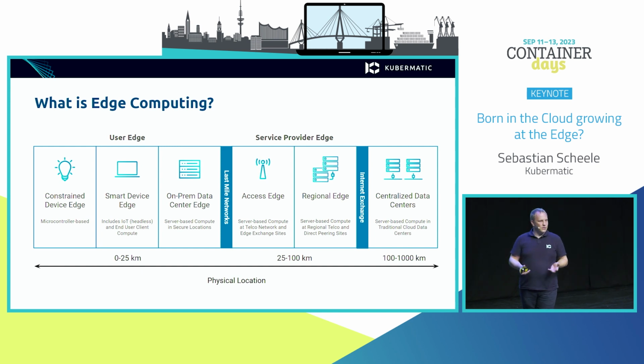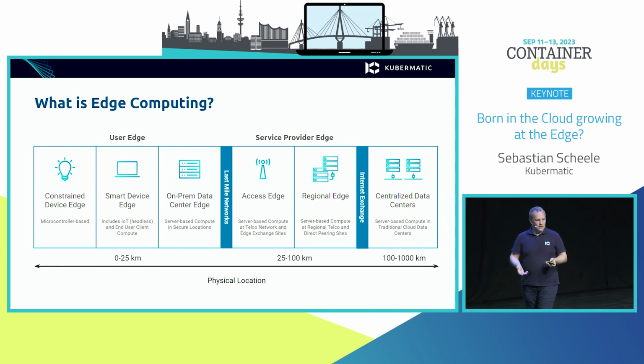And all of this is defined as edge. Every time we're talking about edge, I think we really need to think about what type of edge we are talking about, because each has different requirements and different capabilities. Today, most of what we are developing, and we are talking here about containers, still runs in centralized data centers. But more and more is moving to other areas as well.